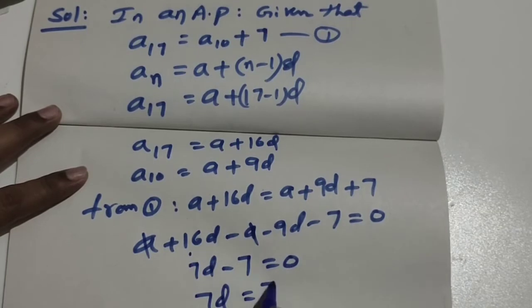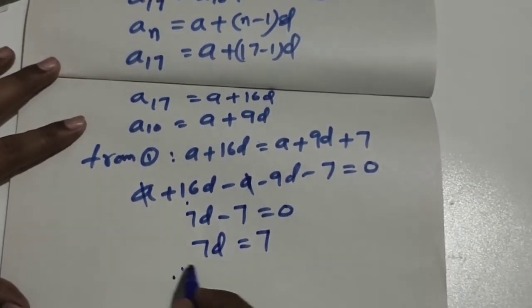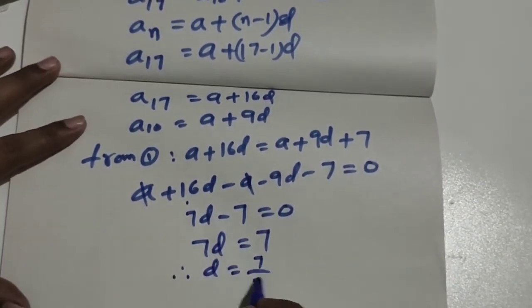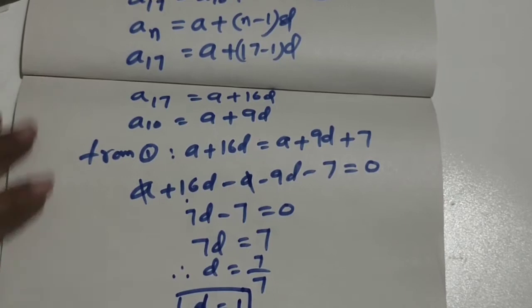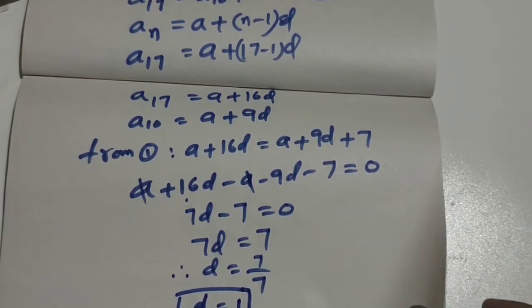Then 7D is equal to 7. Therefore, D is equal to 7 by 7, and hence D is equal to 1. So by this, we get the common difference.